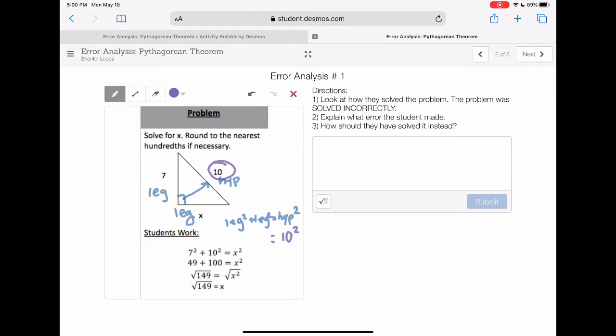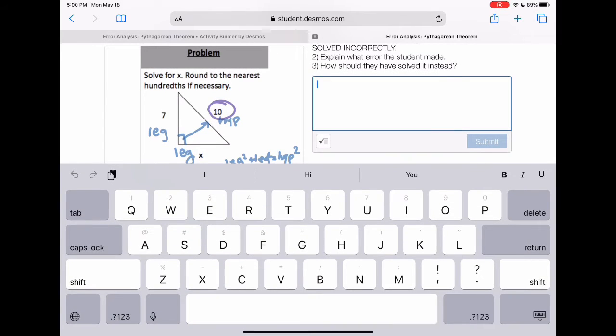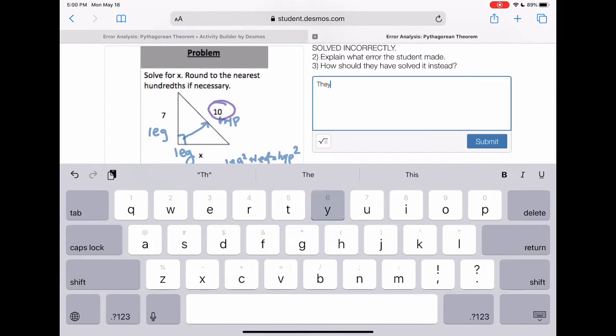Okay, so then my legs are 7 and x. So I'm going to have 7 squared plus x squared. And notice how they already did the first step incorrectly. So in here, I'm going to type: they substituted incorrectly.